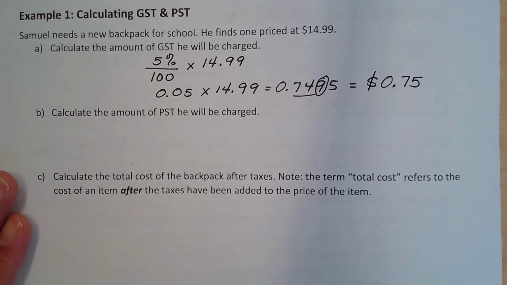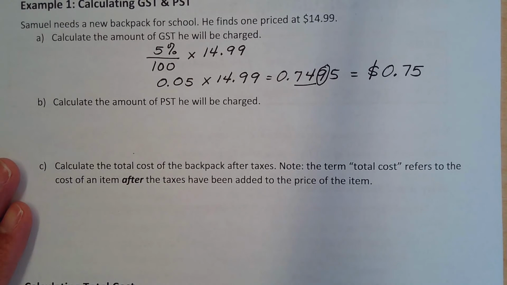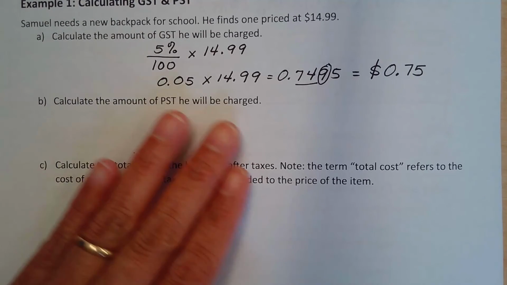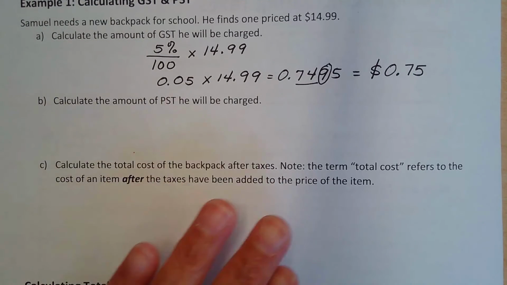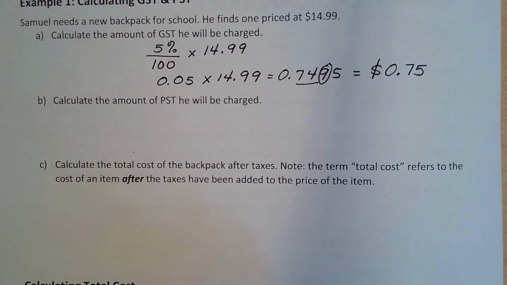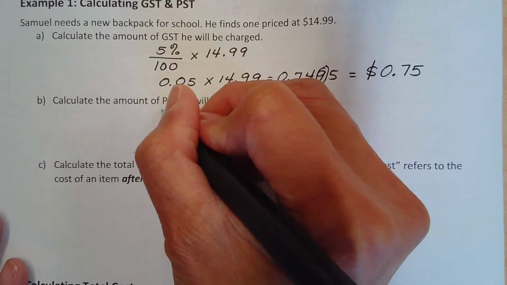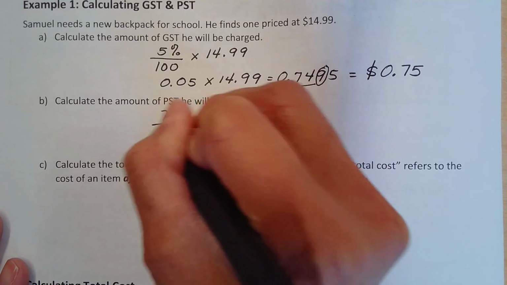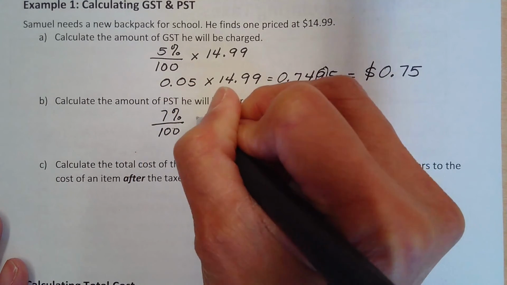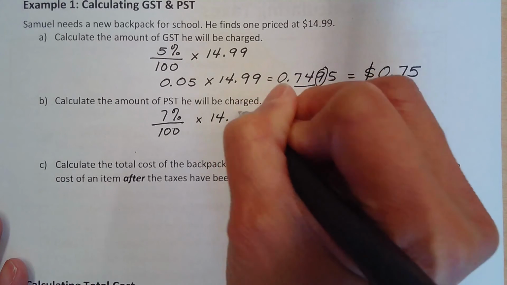What about letter B? Calculate the amount of PST. Notice they don't tell you how much PST is here, so they're assuming you know. PST is 7%, so 7 over 100 times 14.99.